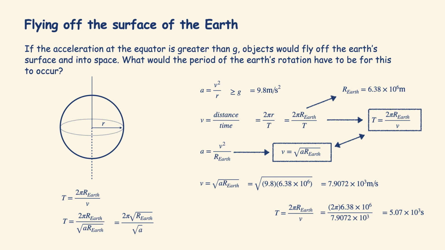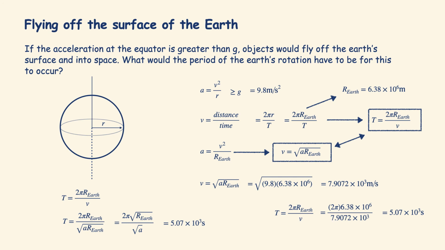And this is where I personally would put the numeric values, but this is really for my own purpose. Otherwise, you're welcome just to start putting the numbers in early and get some sense for what is happening and how much the velocity is. So here I have substituted 6.38 × 10^6 meters for the radius of the Earth, and 9.8 meters per second squared for the value of the acceleration.